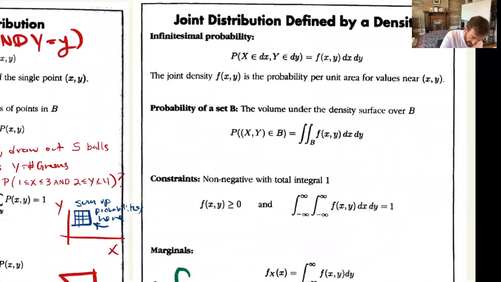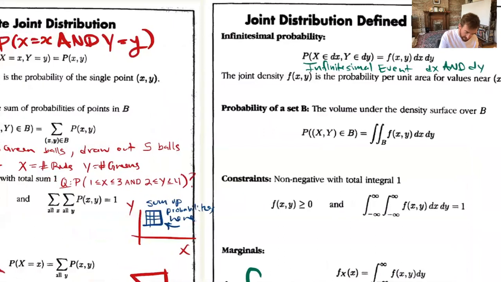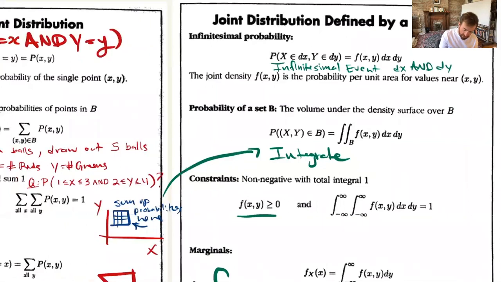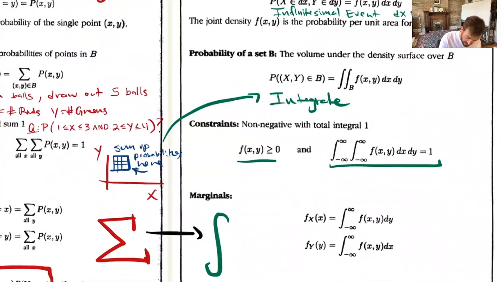So we could think of this as an infinitesimal event, dx and dy. Now, instead of summing, we integrate. But we need everything else to still hold. We need it to be non-negative, and we need this integral to equal 1.